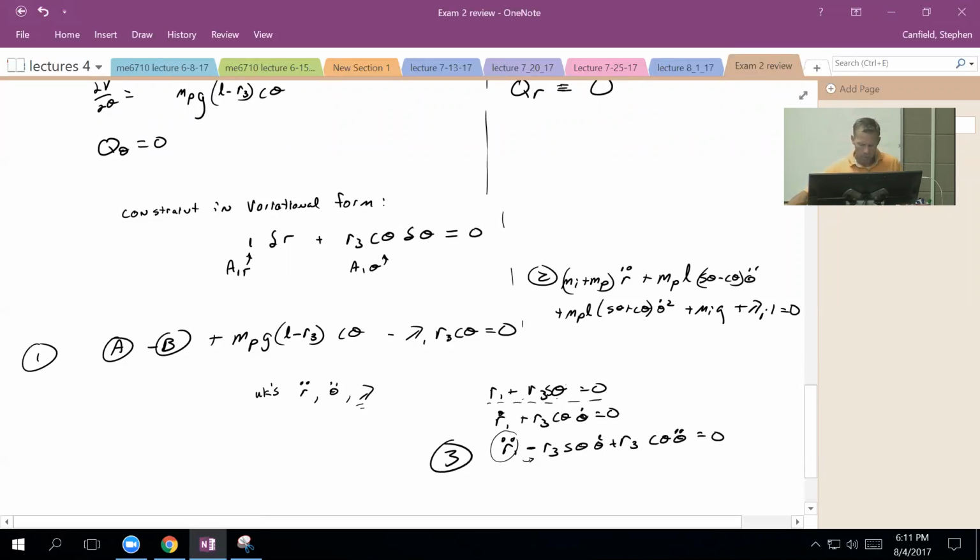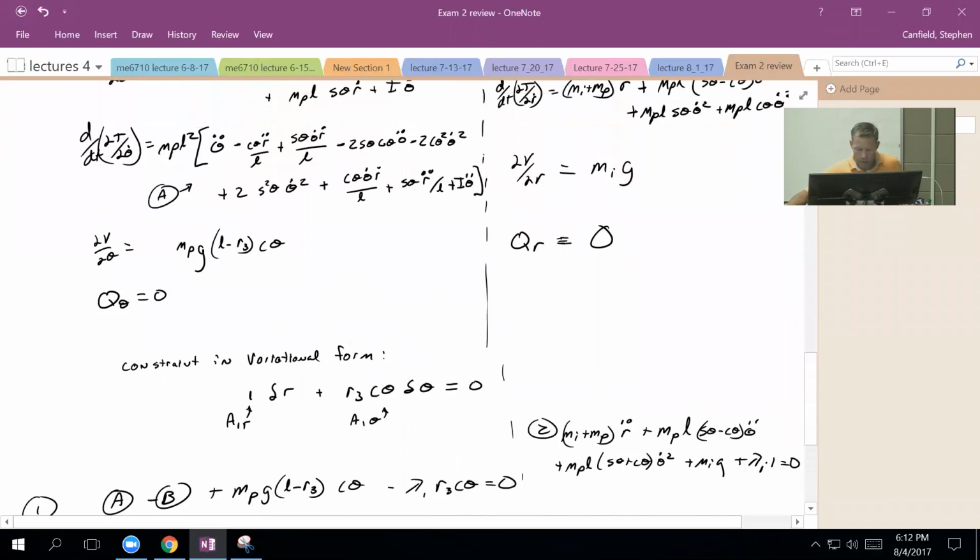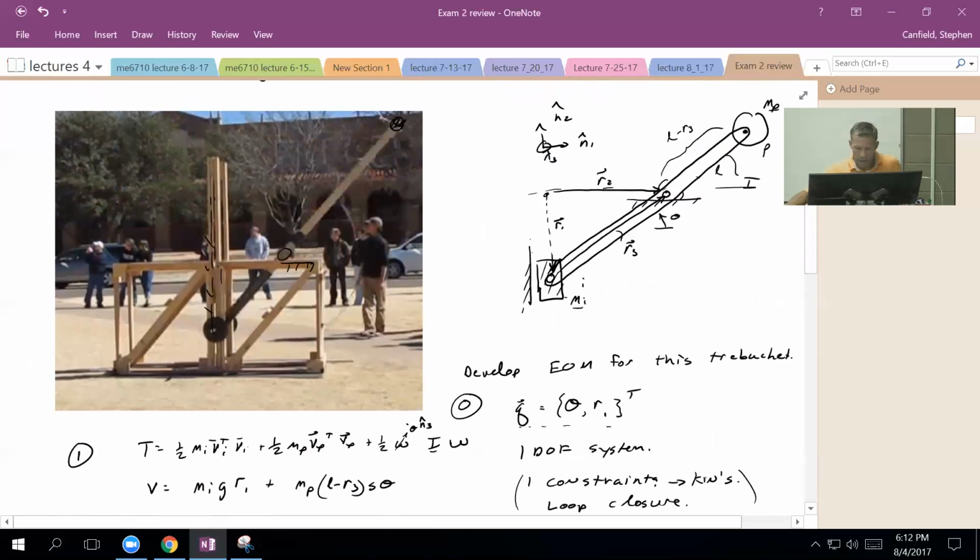The Lagrange multiplier, in this case, is the force that enforces this constraint, that R1 plus R3 sine theta stays as 0. So I would see that as the force, probably the vertical force in this pin joint right there. That's how I'd read that.